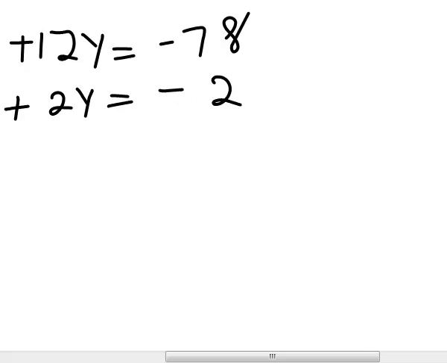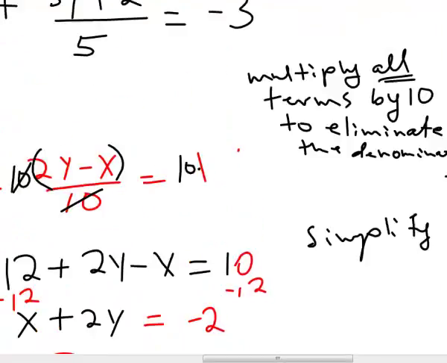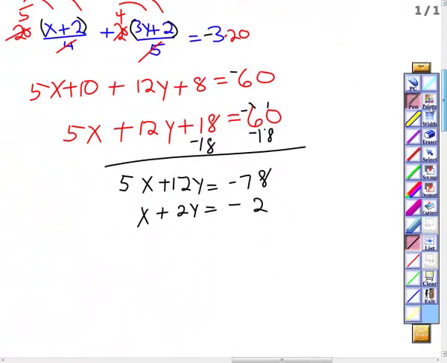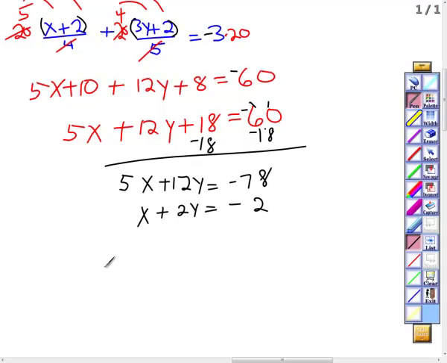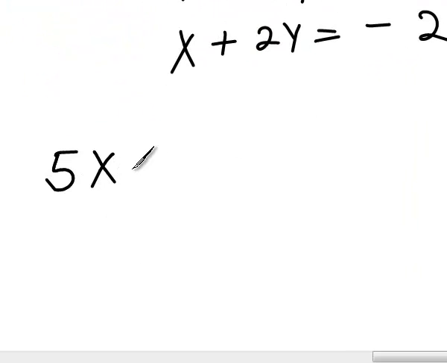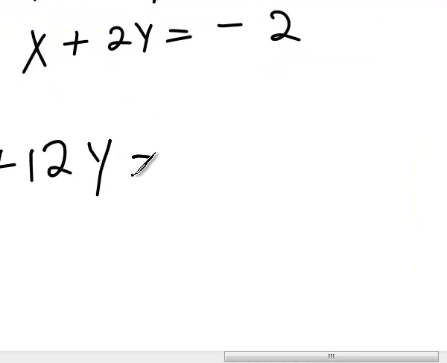Okay, now what? We're going to use the elimination method. Which variable would be the easiest to eliminate? The x, right. So you'd have to multiply the second equation by what?